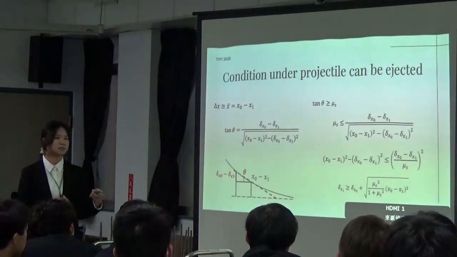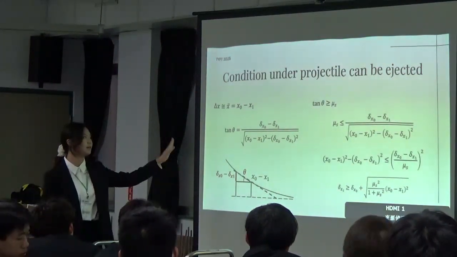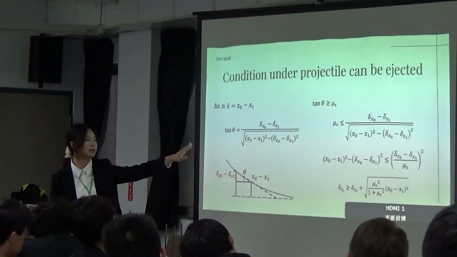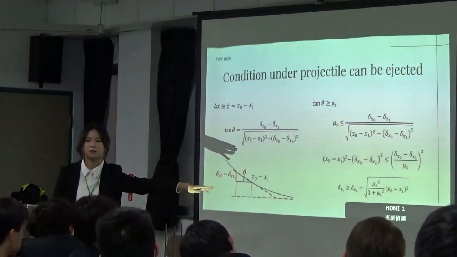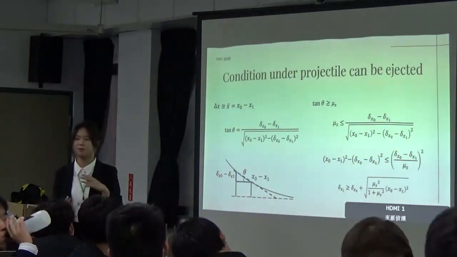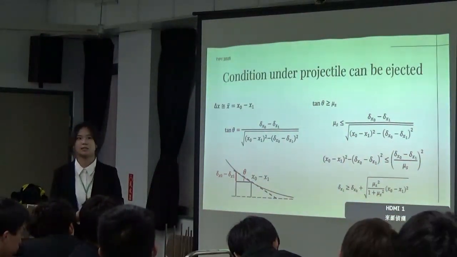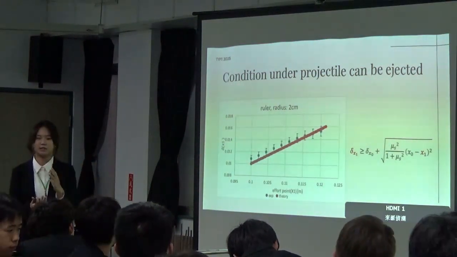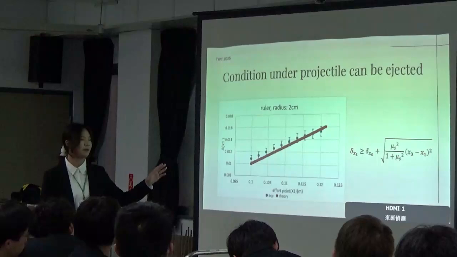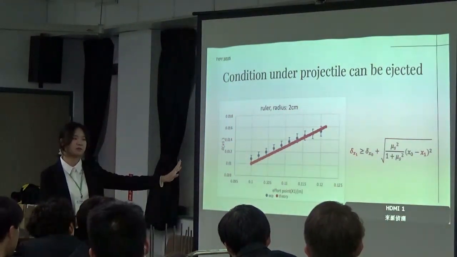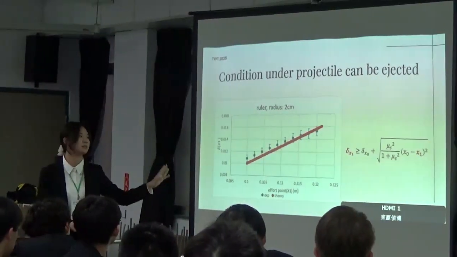I put x and delta into the formula and I can get tangent theta equal to this equation. The reason I'm doing this is that I need to compare my experiment and theoretical data, to know the condition under which the projectile can eject is the same. After my experiment, I found that it's highly fit, so I can prove my experiment and theory fit.